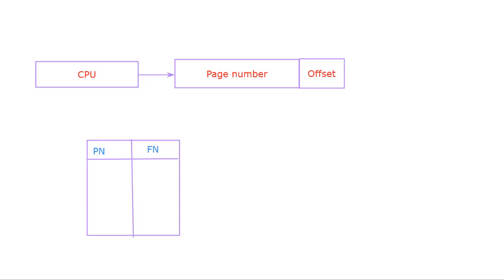PN stands for page number and FN stands for frame number. Similarly, there are different page numbers and frame numbers.